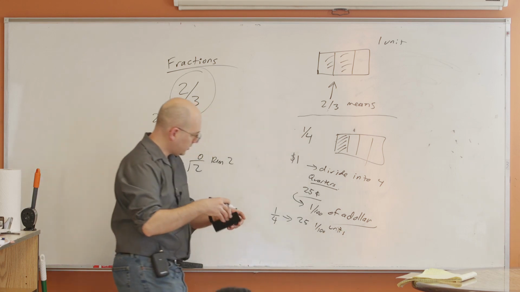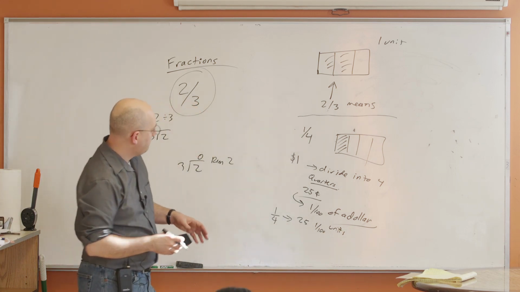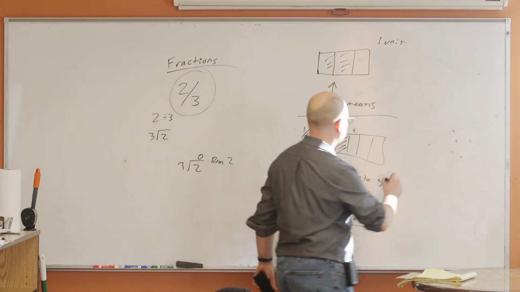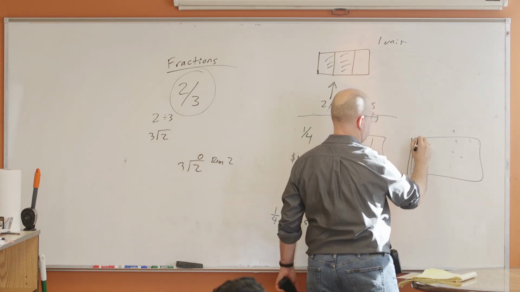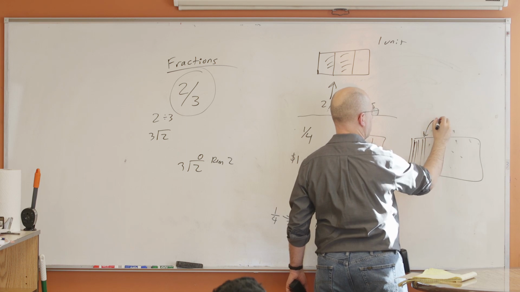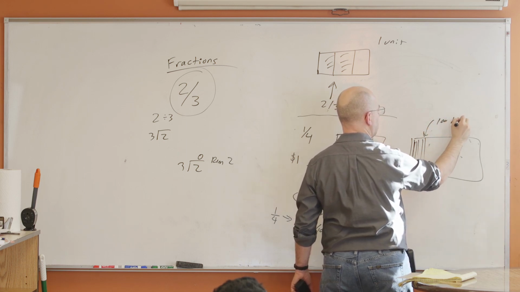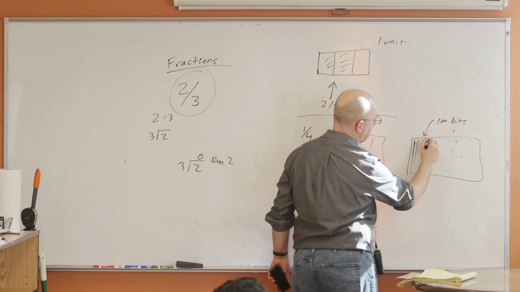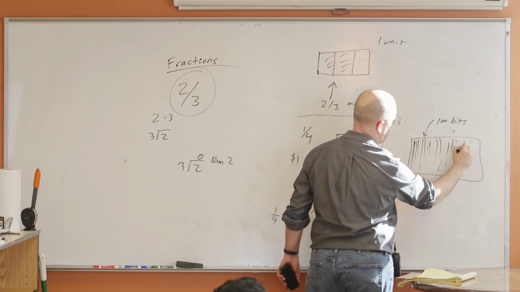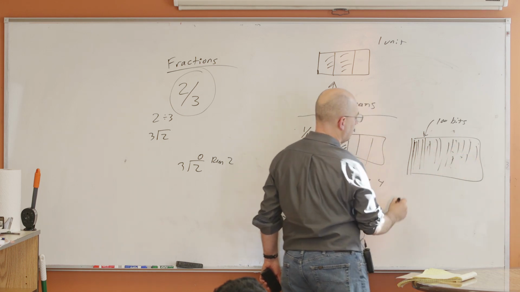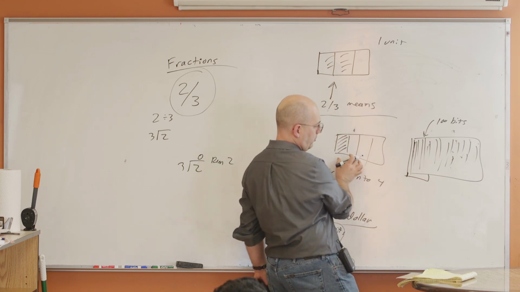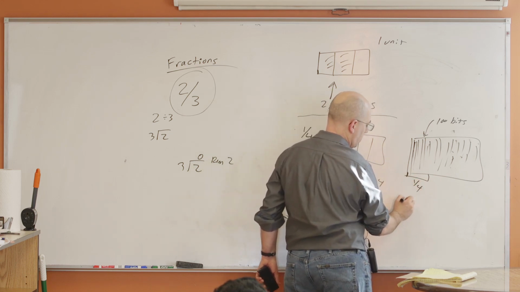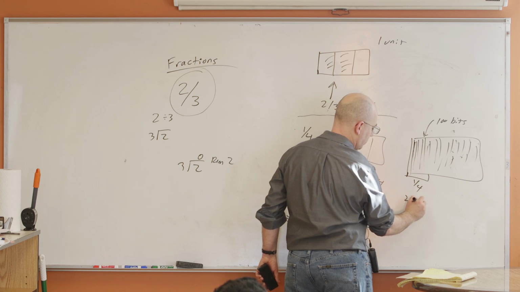So if you break this thing up into 100 bits, and then you were to overlay this 1/4, it would be 25 of those segments.